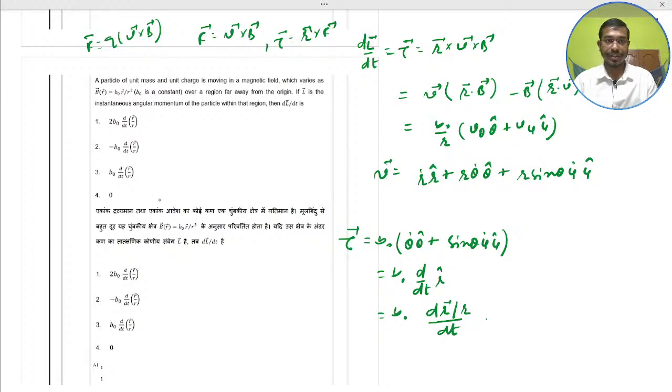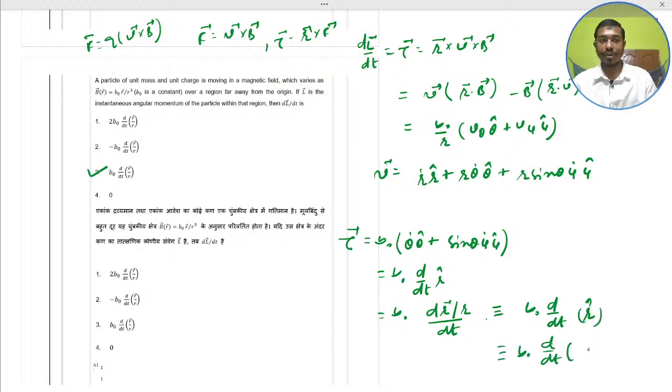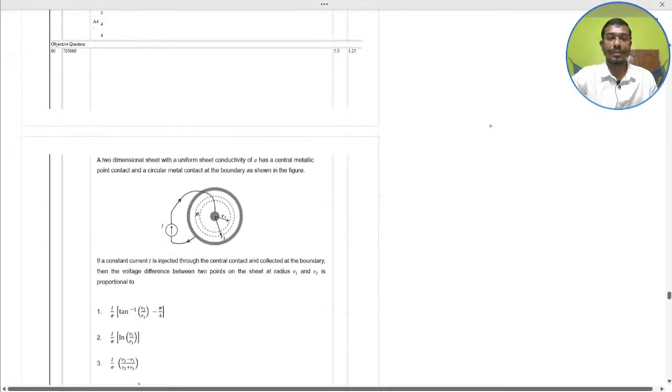So here option C would be the correct one. This is equivalent to B naught d by dt of r vector by r, which means the r cap. Now next.